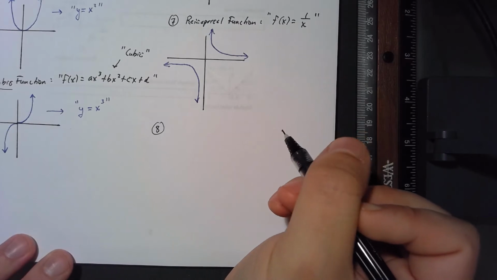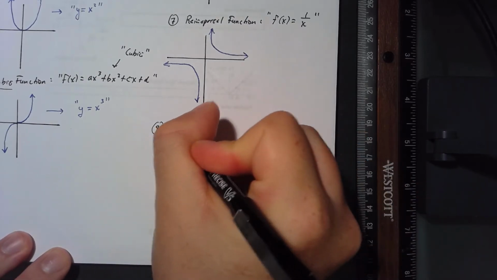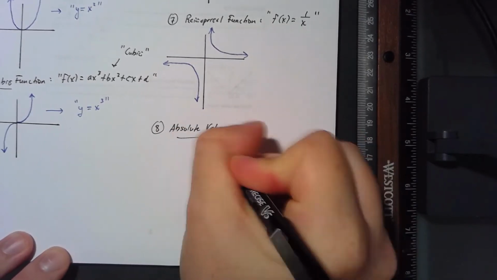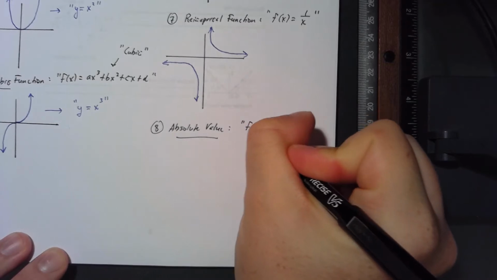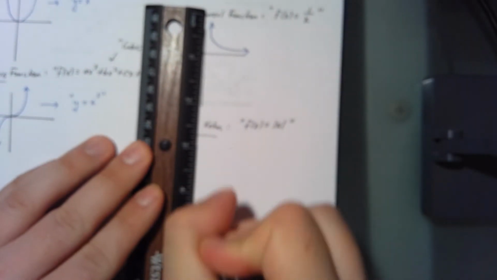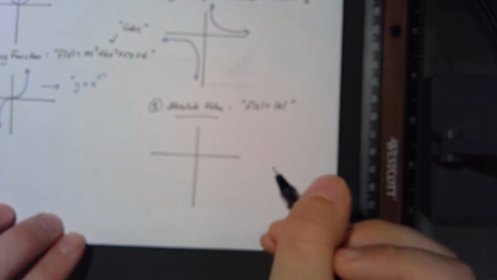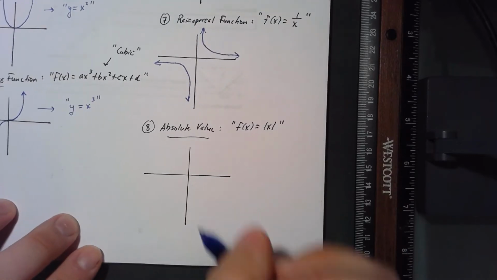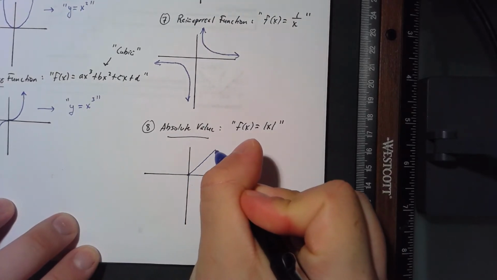And the last one we're going to look at is absolute value, which has a structure of f of x equals absolute value of x. And you should know what that looks like. We've looked at that a number of ways, but the absolute value of x has a V shape to it at the origin.